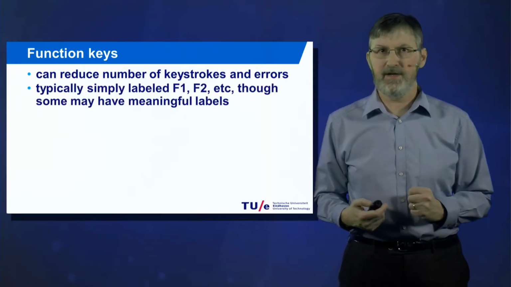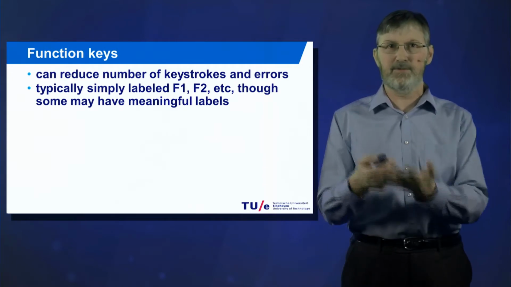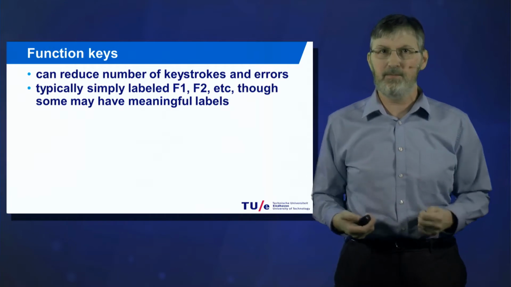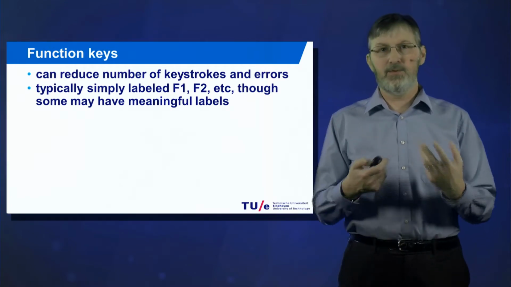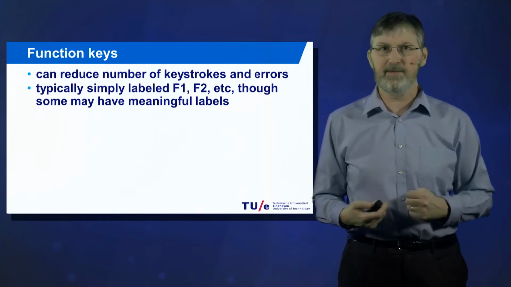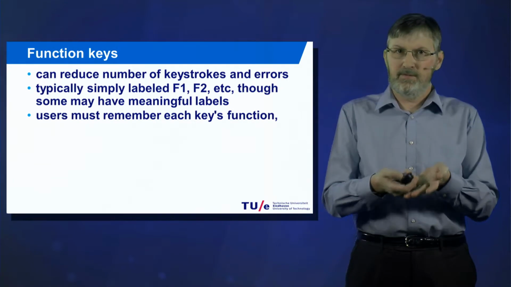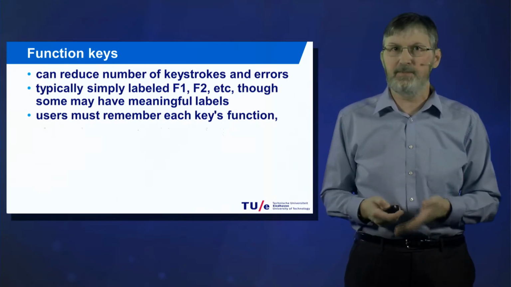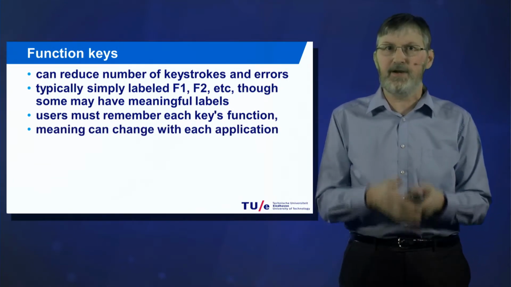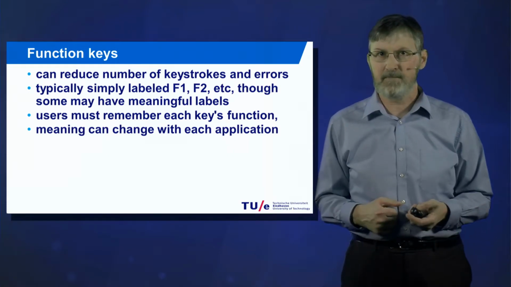Most function keys are labeled with sort of anonymous labels, F1, F2, F3, that have no meaning. You can perhaps replace them, or overwrite them with meaningful labels, but you normally have to remember each key's function because it is different for every application, and it's different also on different platforms.